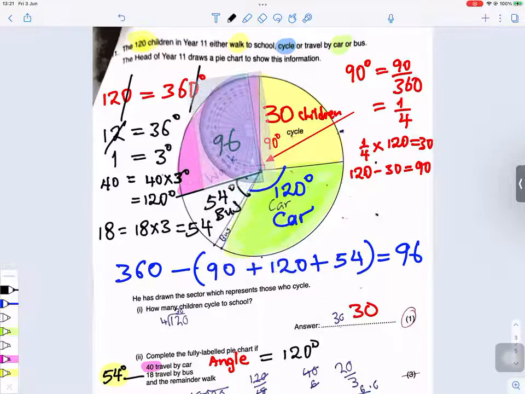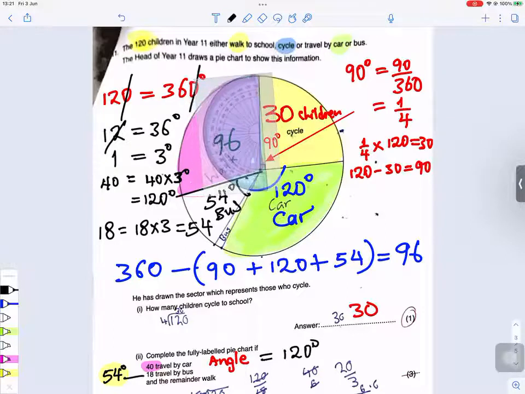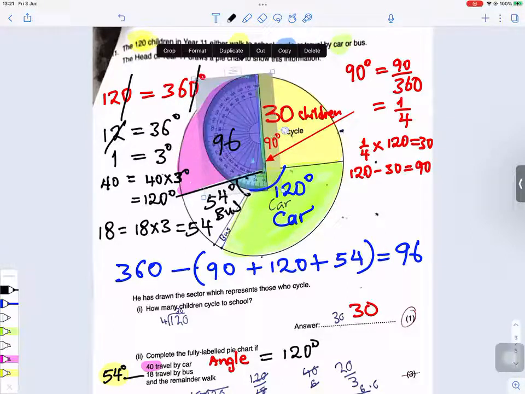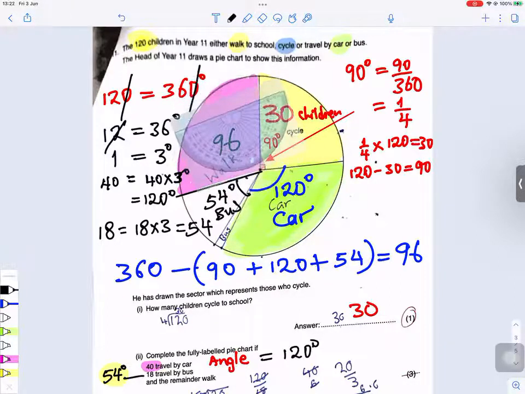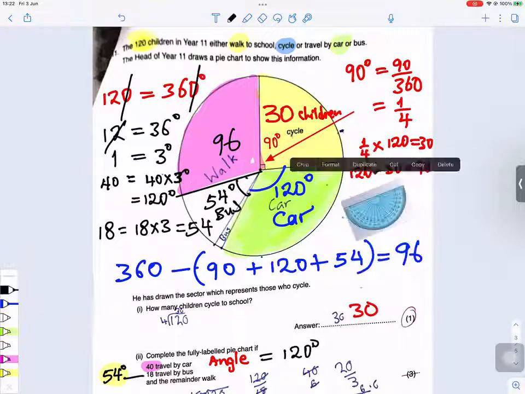You rotate it, put the center part there, and turn it to get the angle in the right place. Make sure that corner is at the center all the time. You measure it and draw it on the diagram. That gives you the complete marks for that.